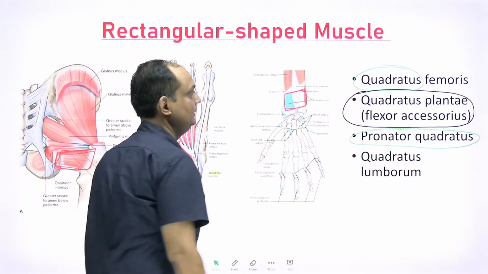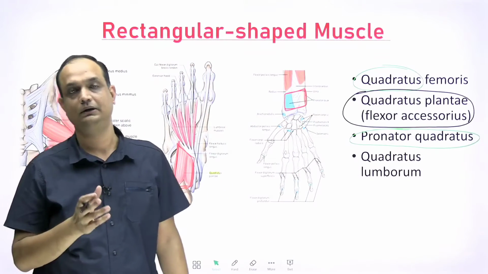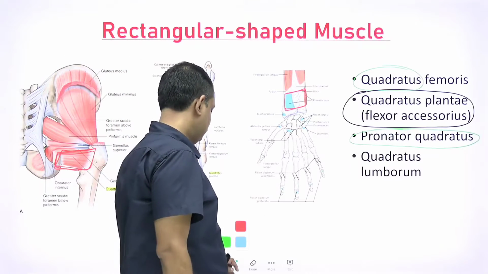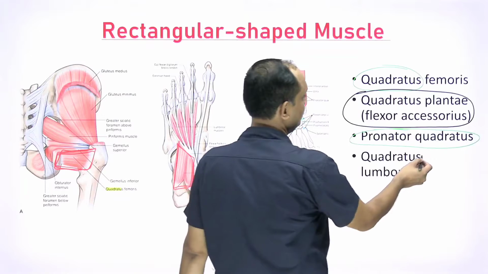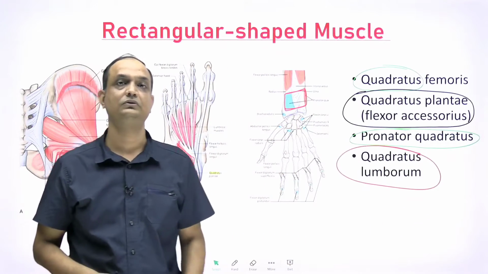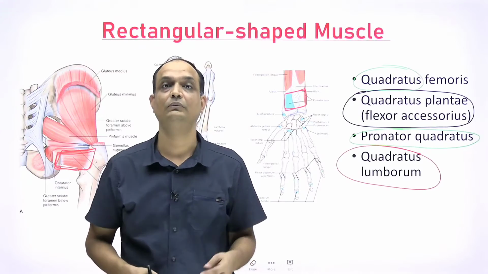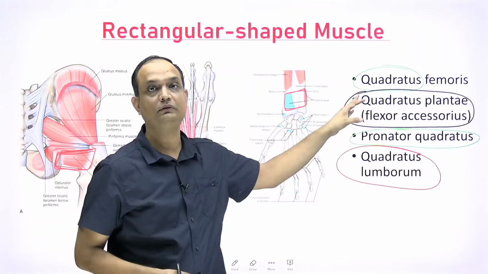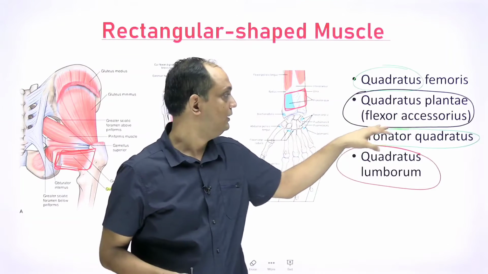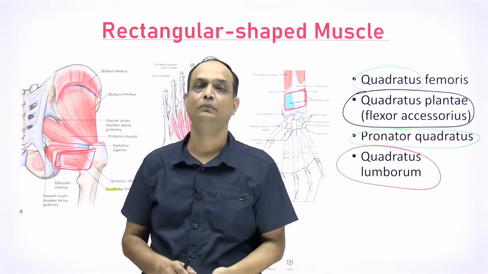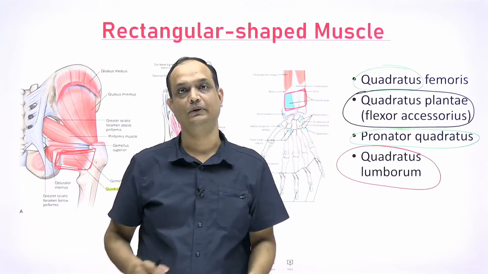Then the fourth muscle we are reading today is quadratus lumborum. So my dear friends, whenever you get this question in the exam, which are the rectangular muscles, or which muscles have the word quadratus: quadratus femoris and quadratus plantae of the lower limb, pronator quadratus of the upper limb, and quadratus lumborum in the posterior wall of the abdomen.